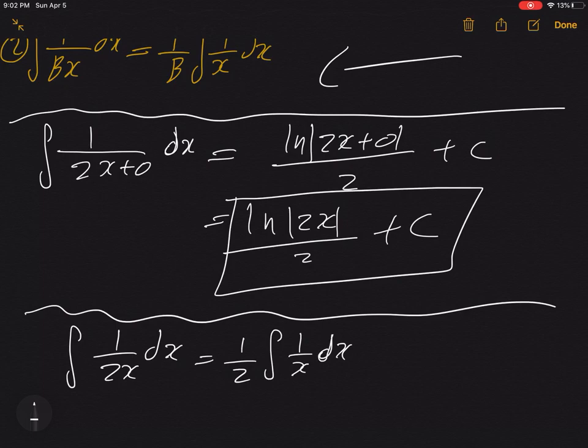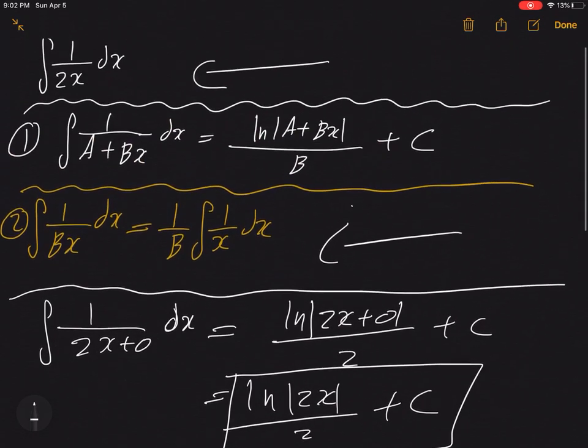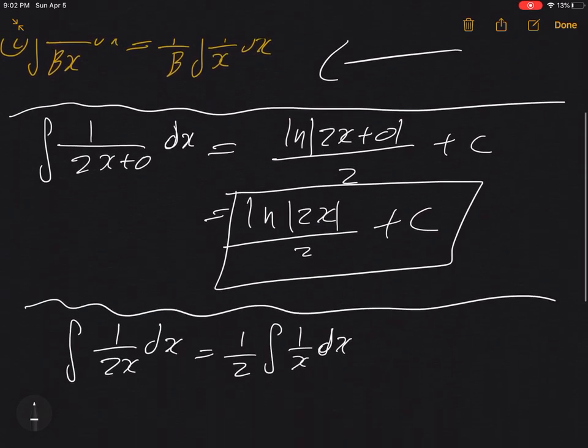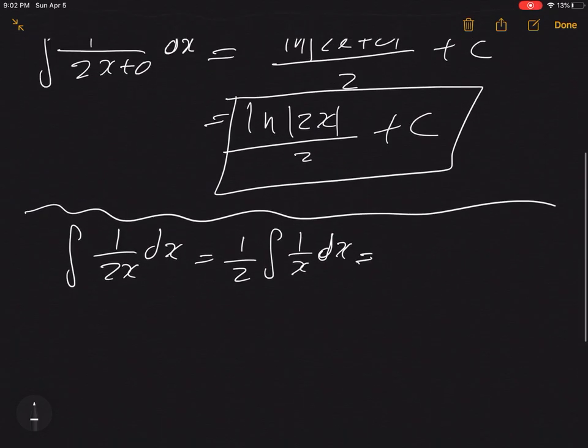Okay, and using the simplest version of this rule, when a equals 0 and b equals 1, this integral just evaluates to 1 over 2 times the natural logarithm of absolute x over 1, where 1 is the coefficient of x, plus c.